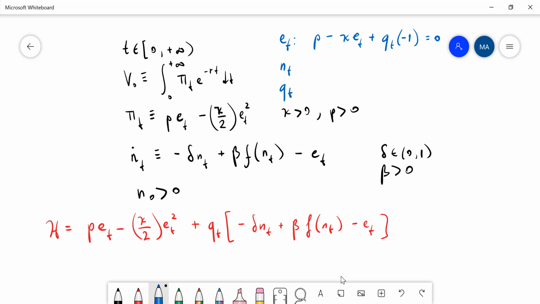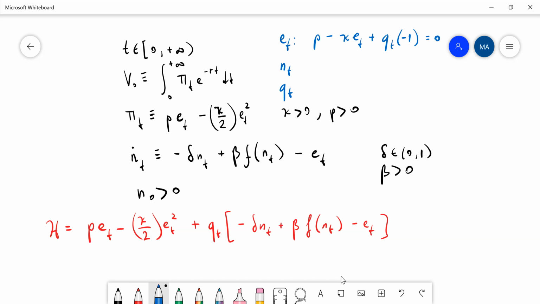Q dot T minus RQT. So this will be equal to the derivative of the Hamiltonian with respect to NT times minus 1. So it will be what? There's no N here in the reward.